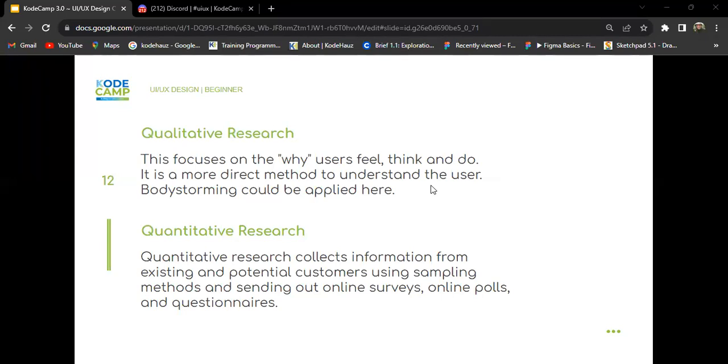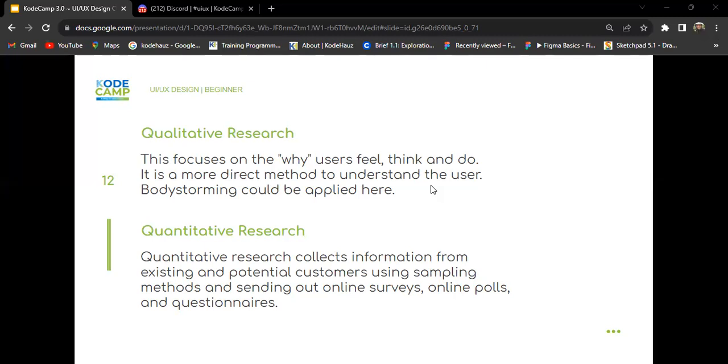Now, body storming is a technique used in this phase of the design process, and it takes the customer's viewpoint into account. So instead of you trying to visualize or imagine how a product might be used, body storming helps the designer or your design team, in essence, to act it out as though the product or the process already exists. Now, let me give you a practical example.